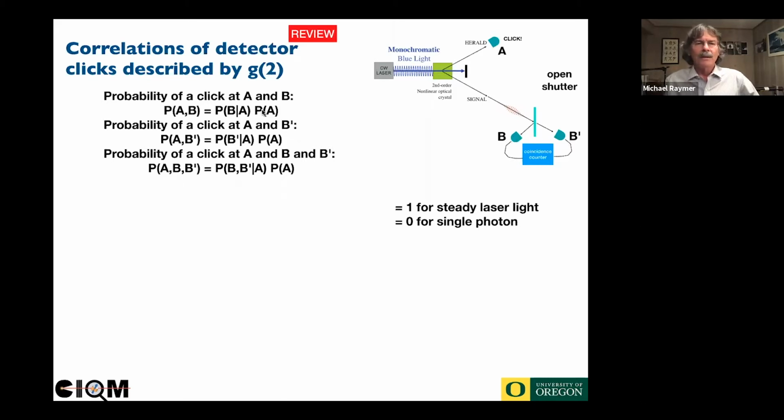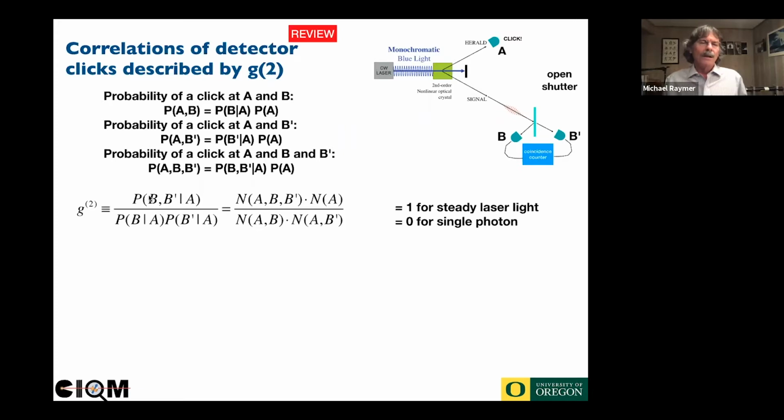And we talked about these conditional probabilities, P of B clicks given that A clicked. We talked about P of A, the probability that A clicks, and the joint probability that both A and B click. And then we talked about this quantity called G2, which is the ratio of the probability that B and B prime both click, divided by the probability that B clicks times the probability that B prime clicks, and all those are conditioned on the fact that A clicked.